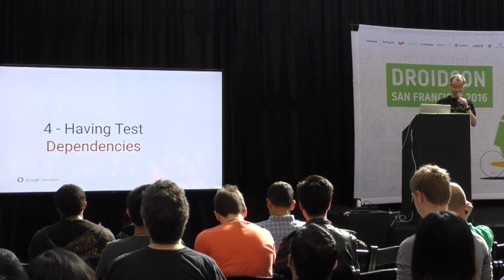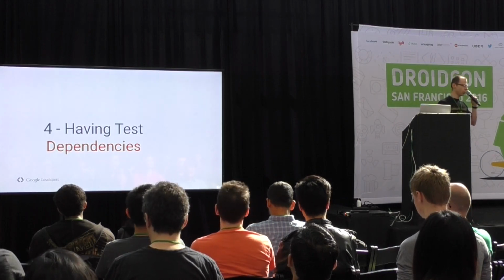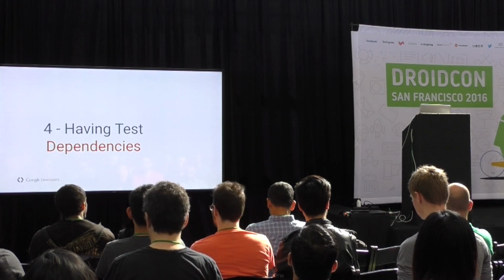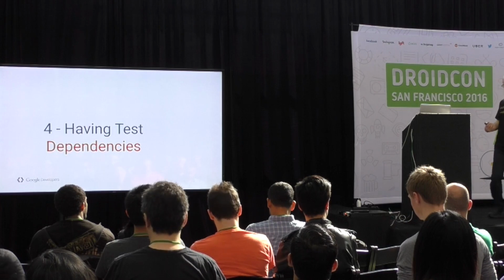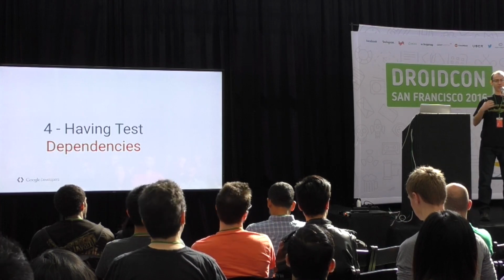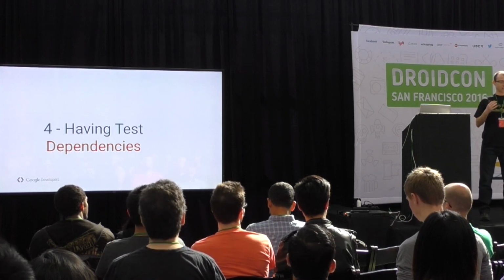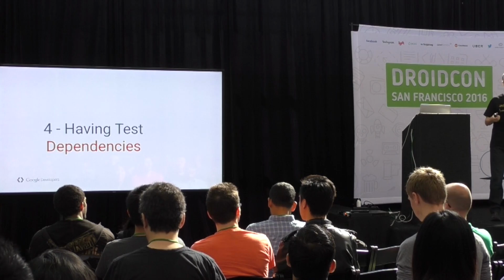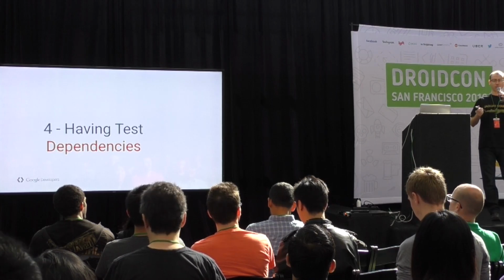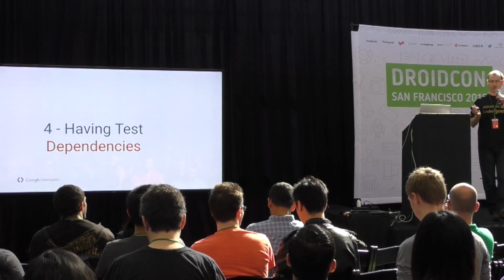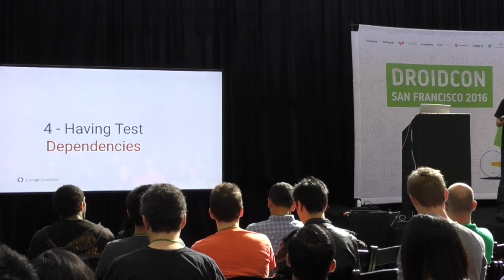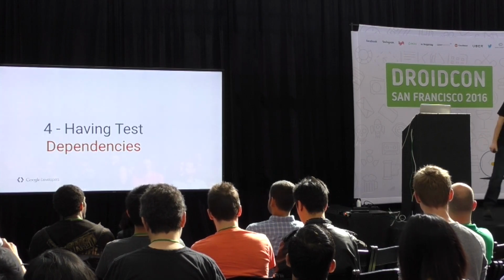Having test dependencies. Okay, we all agree we love testing. However, some apps that I have seen in the field accidentally put their tests inside the release APK. You know, doing tests is great, but having tests inside of your release APK usually is a bad thing. It increases the size of your APK with stuff that doesn't need to be there.